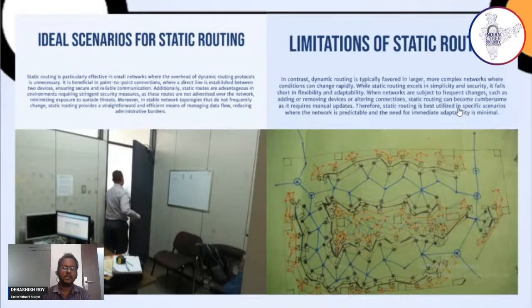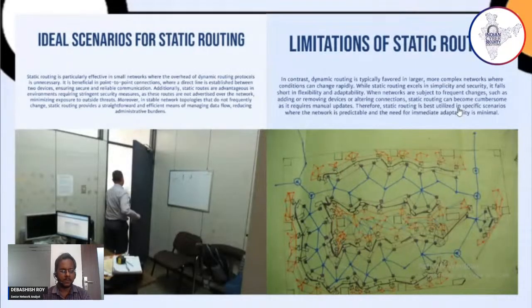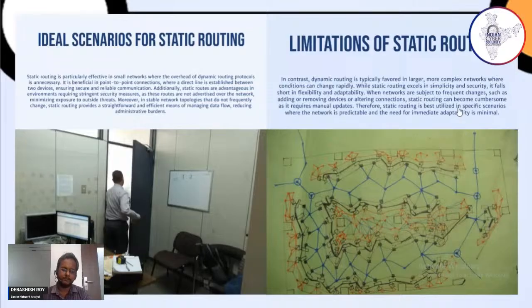So definitely static routing is not ideal if you have too many destinations, say too many networks worldwide. Say you are managing an MNC or a cloud data center or ISP, definitely they do not go for static routing, they will go for the dynamic one. But if you have limited resources, a limited company, limited branches, then you can go for static routing easily.